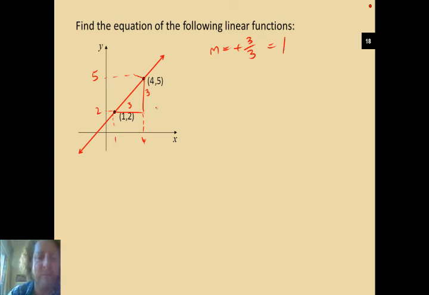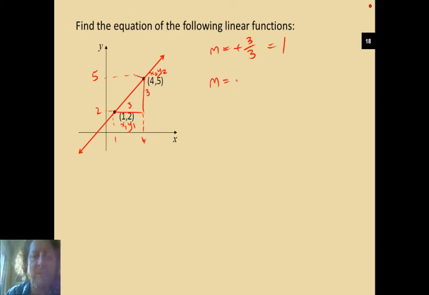If I didn't like that, I would have gone for the point gradient formula. I might have called one point x1, y1 and the other point x2, y2. Doesn't matter which ones I picked, as long as one of the points got both 1s and the other point both got 2s.